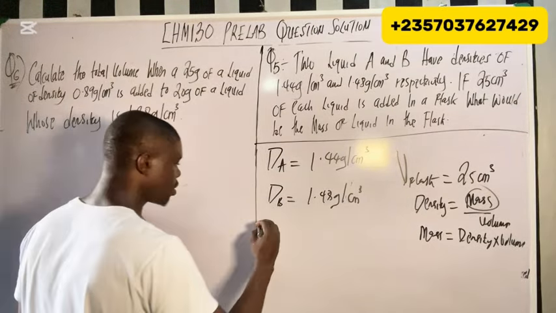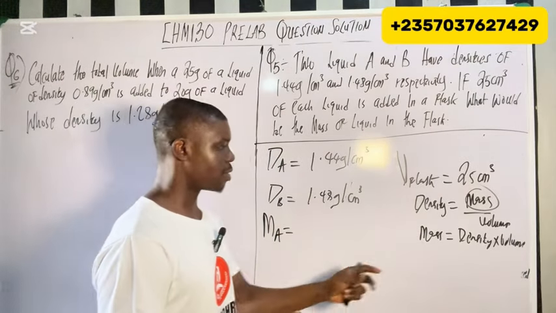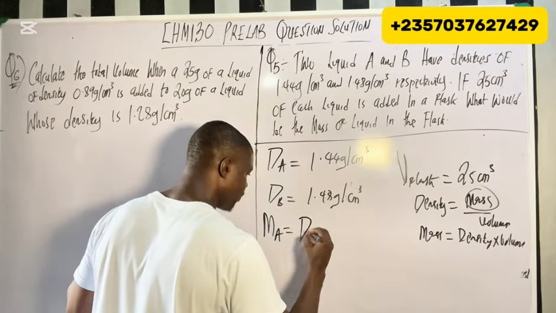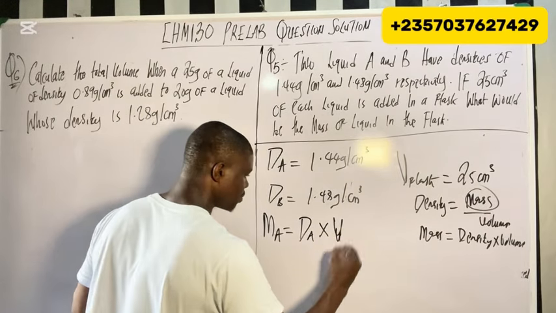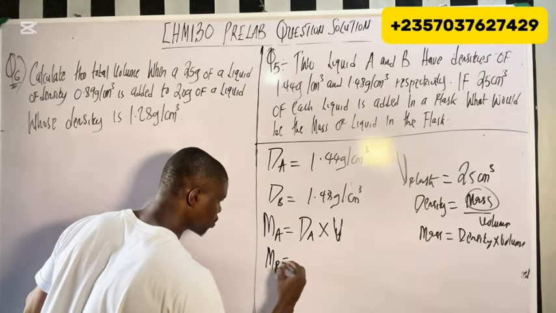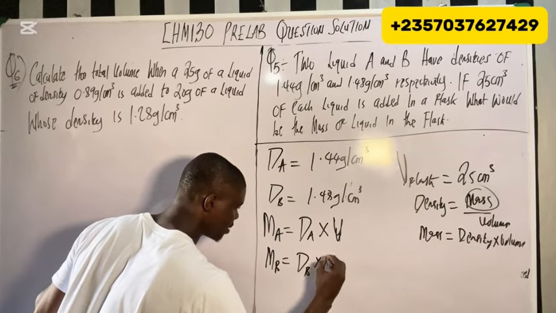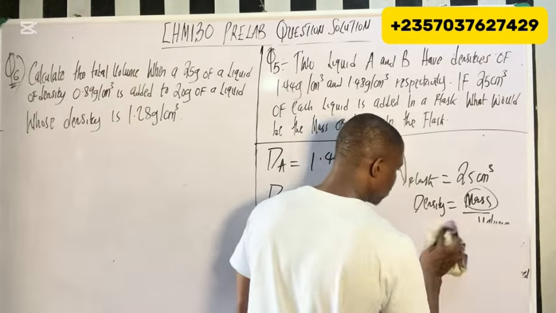So here we're going to say mass of A is going to be density of A times the volume, right? The same thing here: mass of B equals density of B times volume. So from here, what are you going to get?